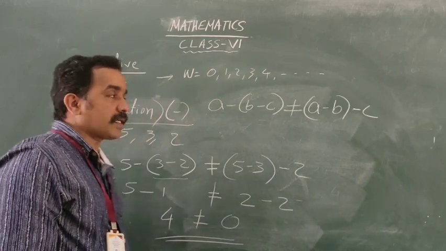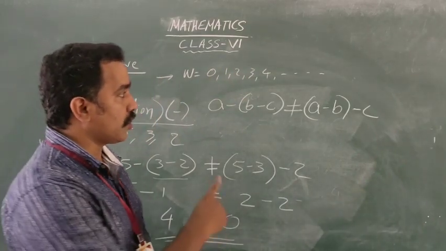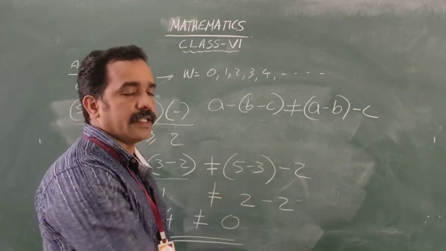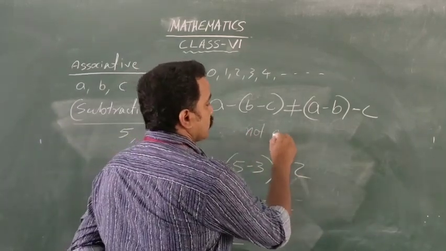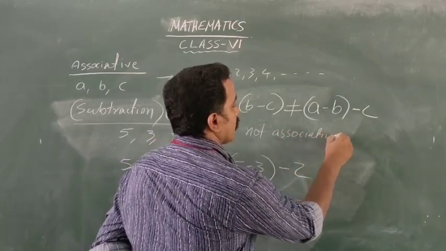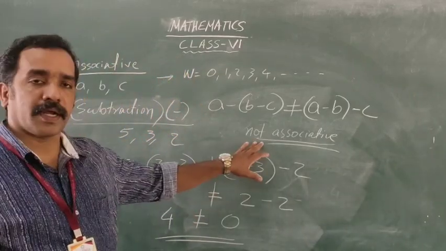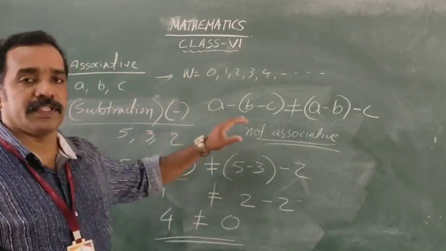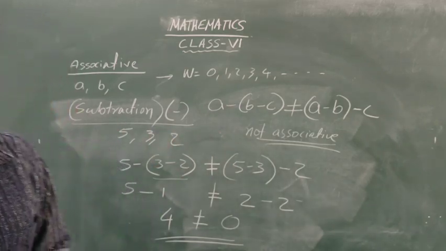In case of subtraction, a minus b minus c is not equal to a minus b minus c. Therefore, it is not associative. If subtraction is given, you can subtract in the order in which it is given. So, subtraction is not associative.